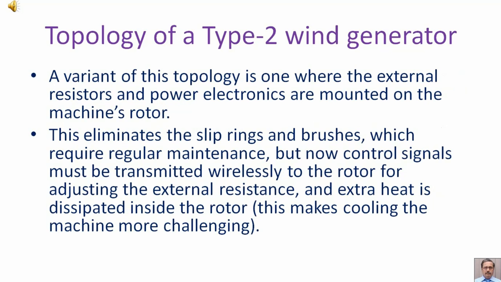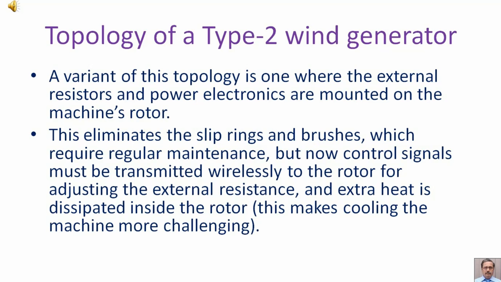A variant of this topology is one where the external resistors and power electronics are mounted on the machine's rotor. This eliminates the slip rings and brushes, which require regular maintenance.